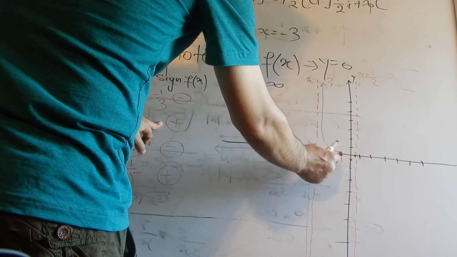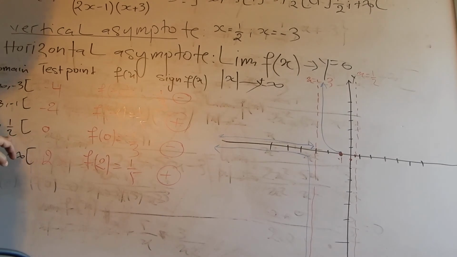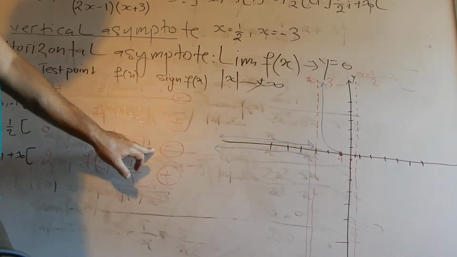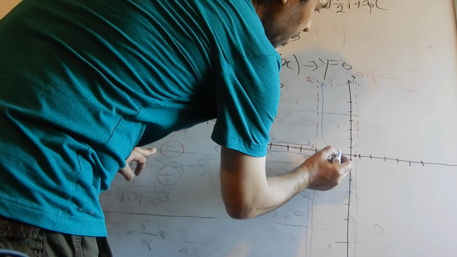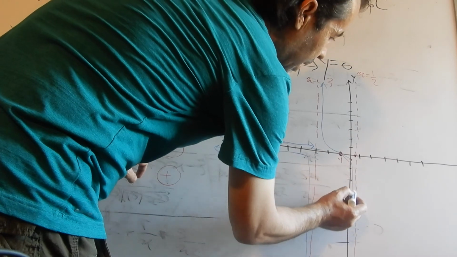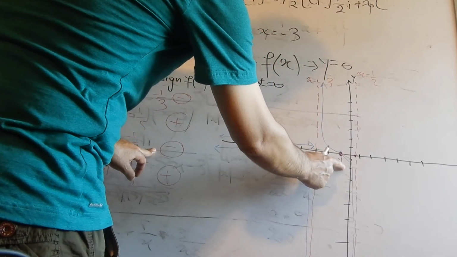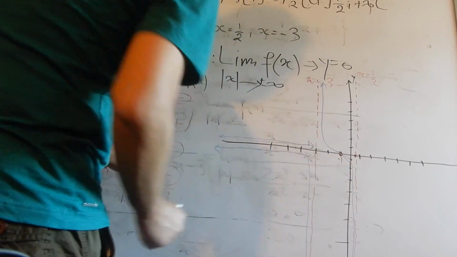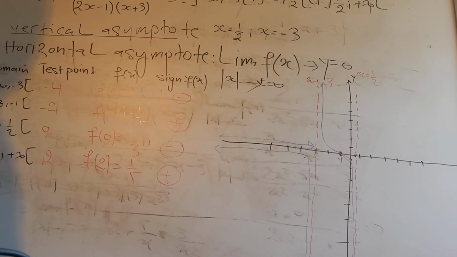Let's see what happens in the interval minus 1 to 1 over 2. The sign of f of x is negative. That means it's going to cross the line and come down like this, and it has to cross the y-axis at minus 1 over 3. Then the last one is 1 over 2 to plus infinity.